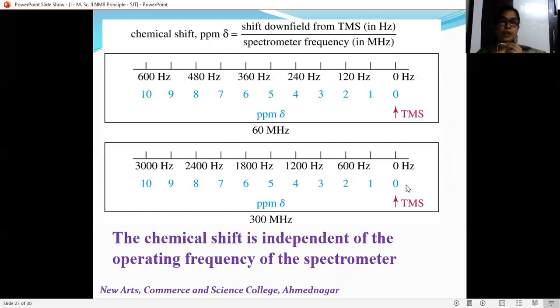As we go from right to left, we call that a downfield shift. Let us consider signals 1, 2 and 3. The signal at 2 will be downfield from the signal at 1, but it will be upfield from the signal at 3.